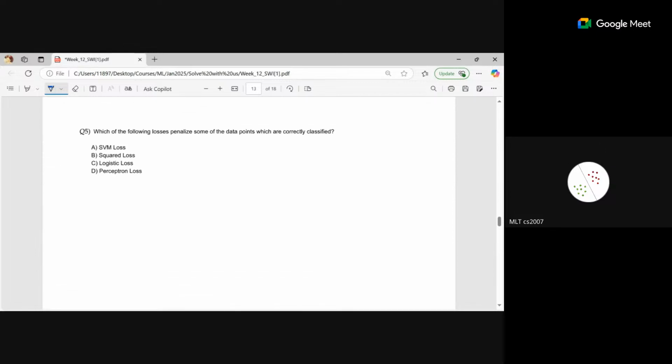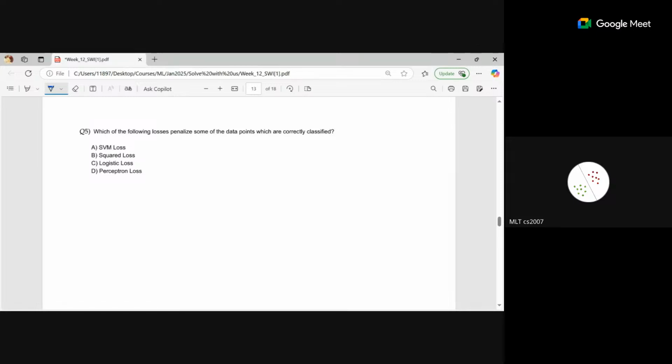Okay, so this is the next question. The question says, which of the following losses penalize some of the data points which are correctly classified? We had seen these four losses in the starting: SVM loss, squared loss, logistic loss, and perceptron loss.